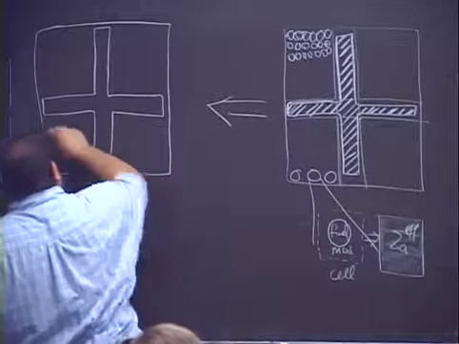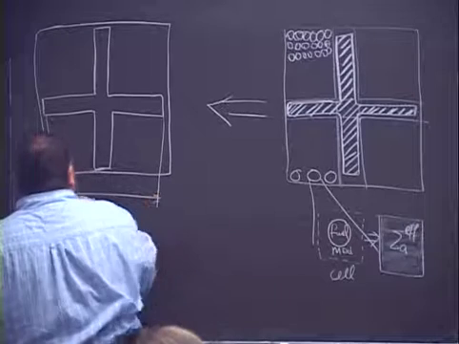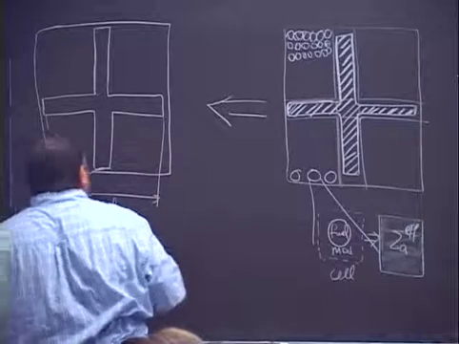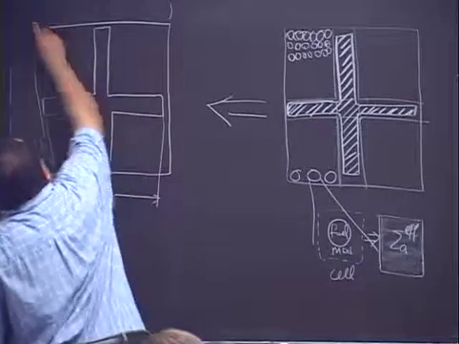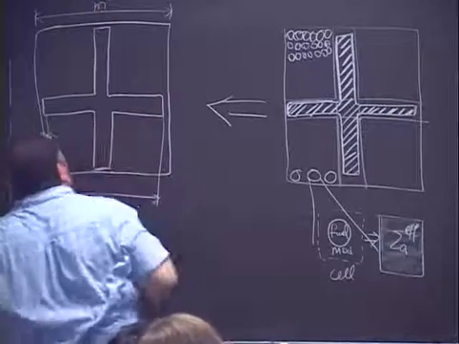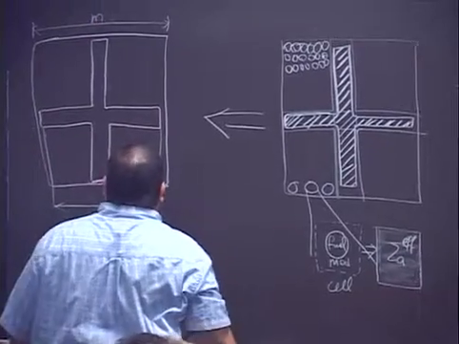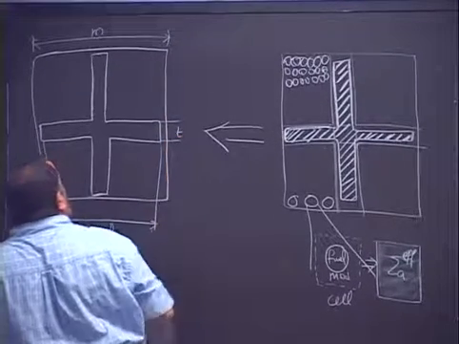The thickness or length of the control rod is L, and the length of the bigger moderator and fuel cell is M. And let's assume that this is T, the thickness.